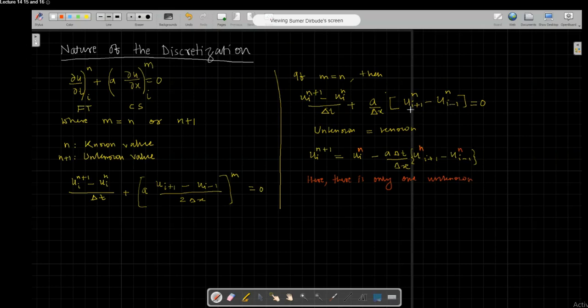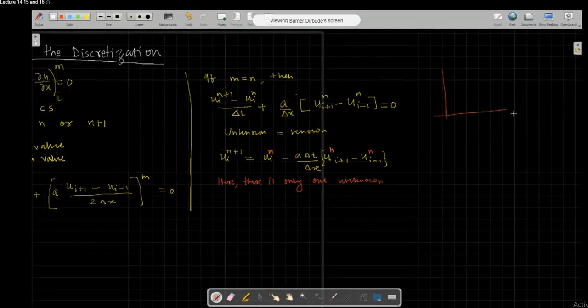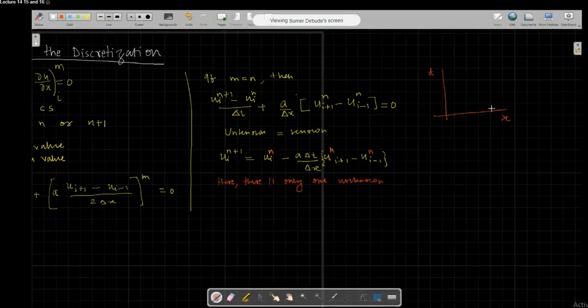Okay. And what is this discretization in terms of our x and time line? Suppose this is n plus 1 and this is n, and we have same grid size with uniform distances at I plus 1, I minus 1. So here what do you see?